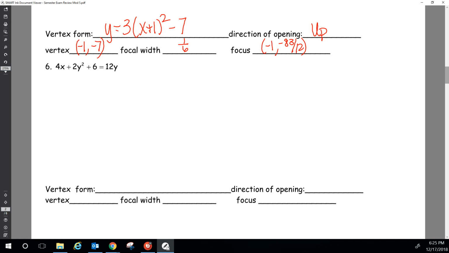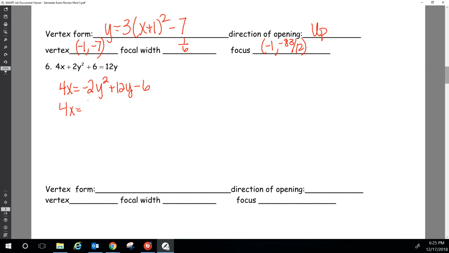If we want to put this in standard vertex form, we've got to complete the square again. This time it's the y squared that's going to get flipped over, and so I'm going to leave the 4x over here. So I got -2y squared plus 12y that's already over there, and then moving the 6 over, I get -6. I'm going to complete the square.